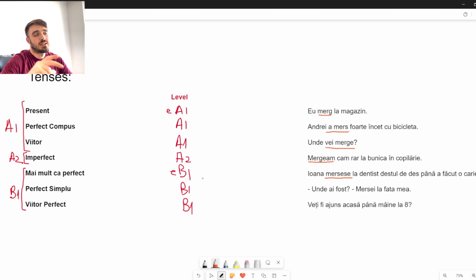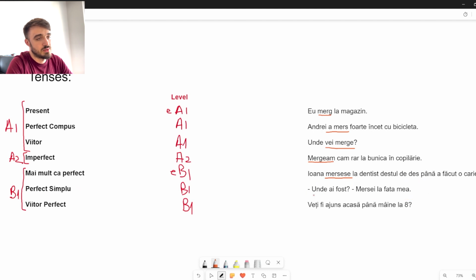It gives you this little nuance when you narrate, that it is not just something that has finished, it's something that finished recently, and makes you kind of closer to the action. So that's what perfect simplu is.